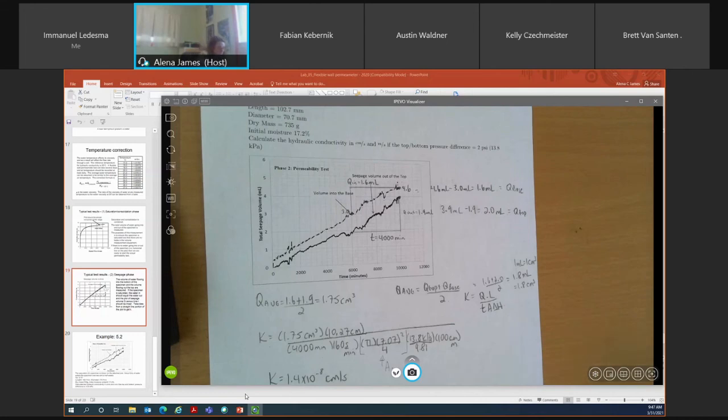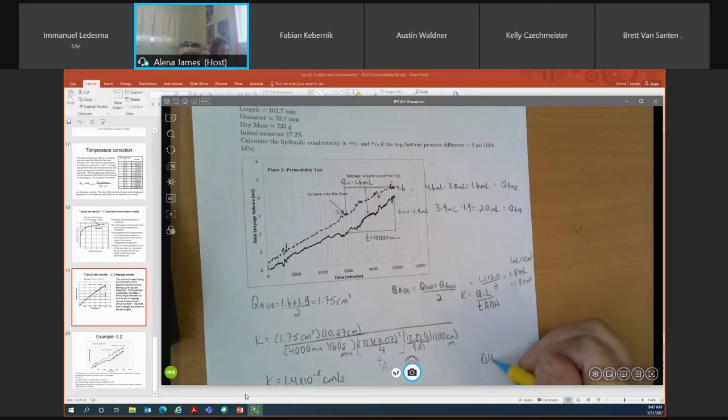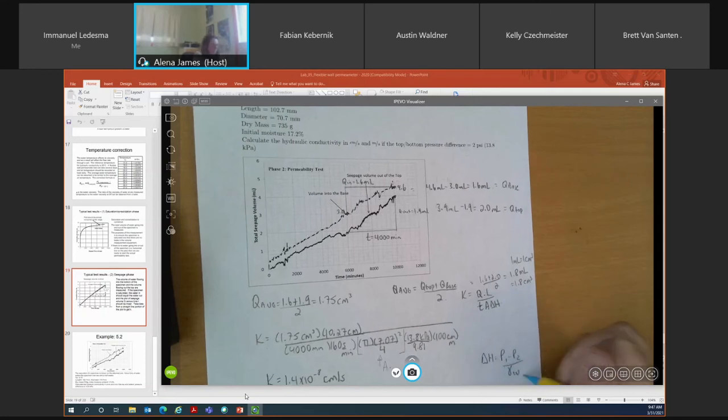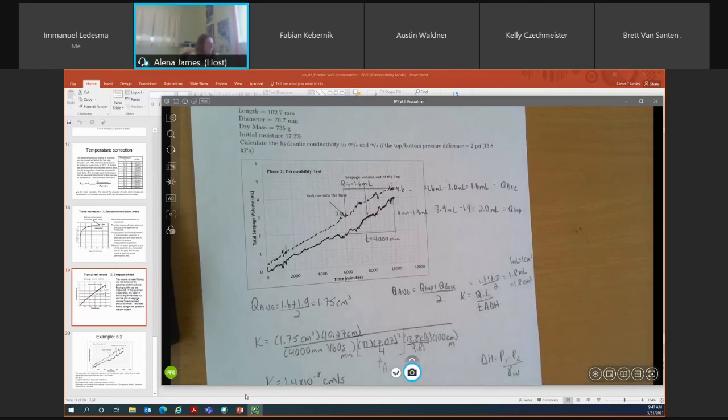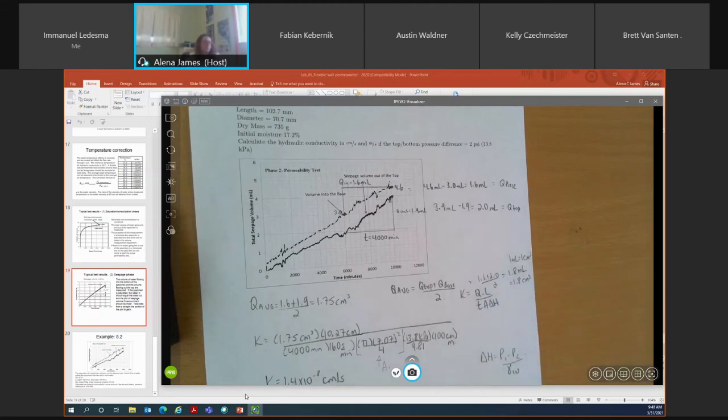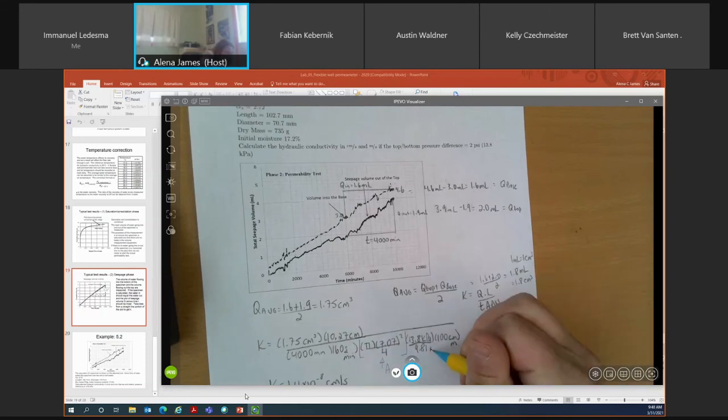To calculate delta H, remember delta H is equal to P1 minus P2 divided by the unit weight of water. So the problem told me that my P1 minus P2 was 2 PSI or 13.8 kPa. And then I divide that 13.8 by the unit weight of water, which is 9.81 kilonewtons per meter cubed.